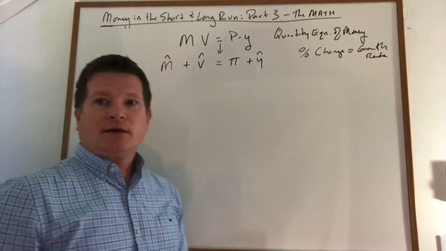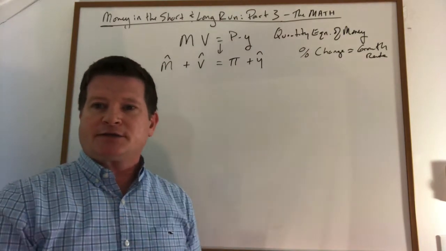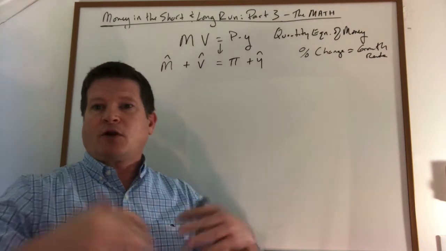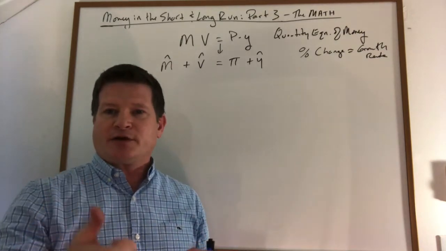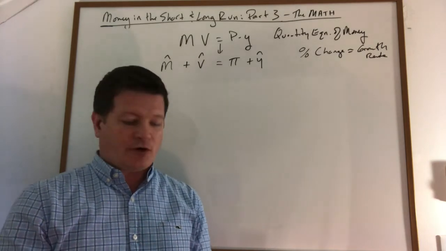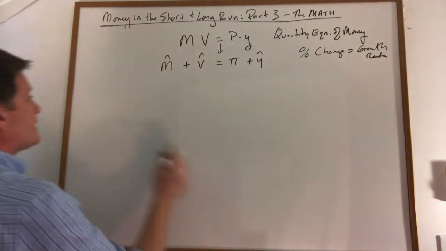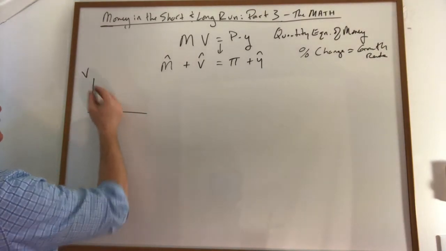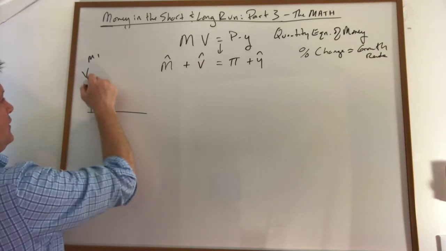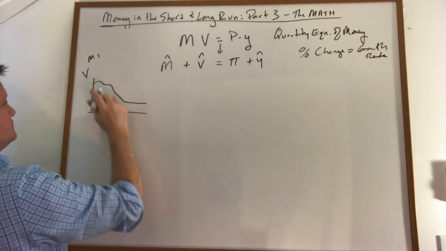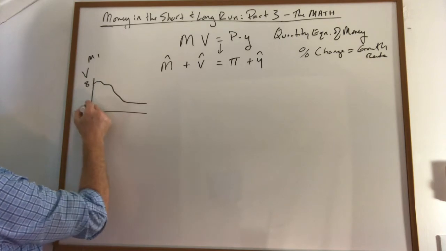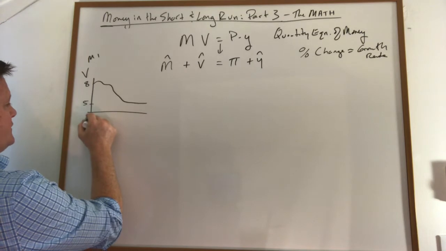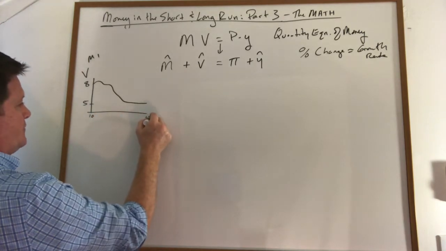Velocity is how often dollars change hands on average. Fundamentally, that tends to be driven, over a long period of time, by technology, whether you have more digital cash, less digital cash, ATM cards, credit cards, and so on. In the US, over the last 10 years, the velocity of what we call M1 went from about 8 to about 5, since I think 2010 to 2020.